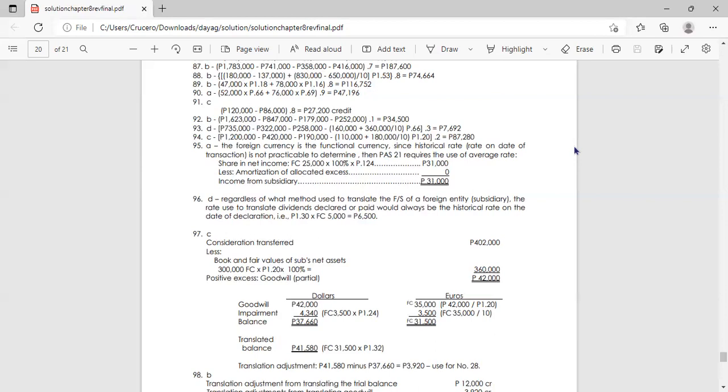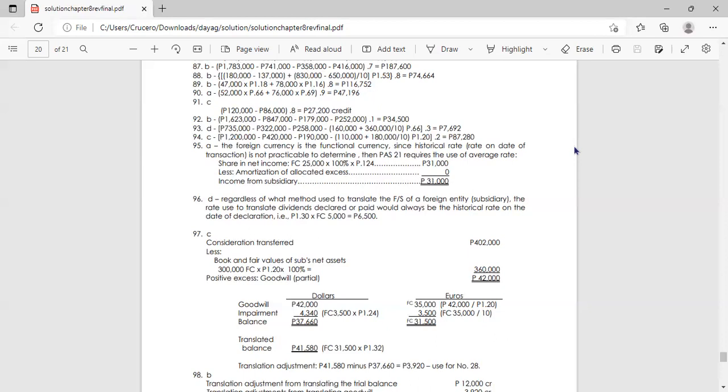That's letter C. However, the amount should be 21,320.